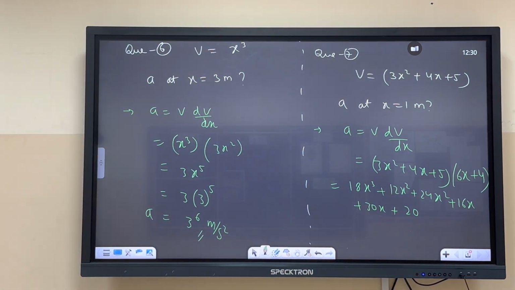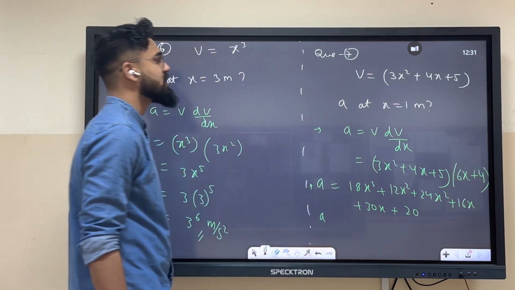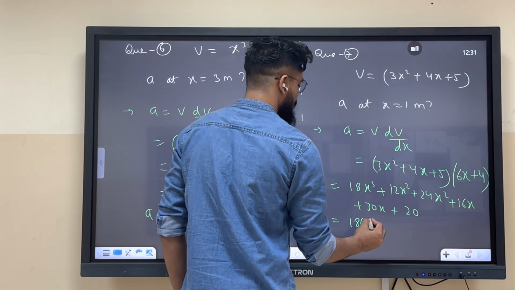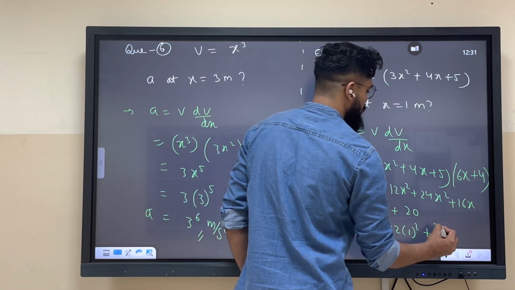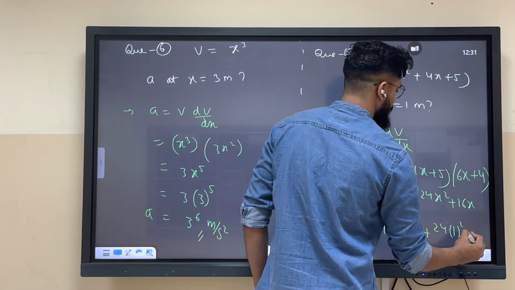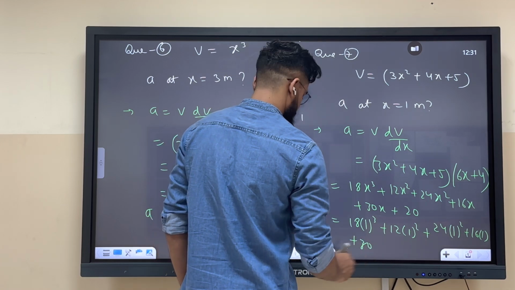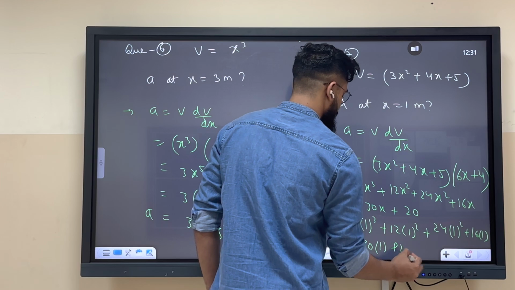And over here, this is the acceleration. Now you have to calculate acceleration at x equals 1. So if you are putting 1 over here, 18 into 1 cube plus 12 into 1 square plus 24 into 1 square plus 16 into 1 plus 30 into 1 plus 20.